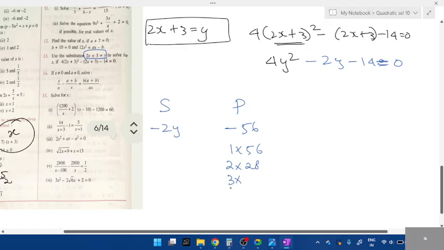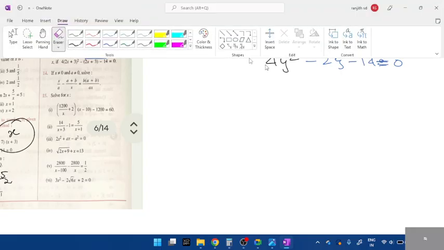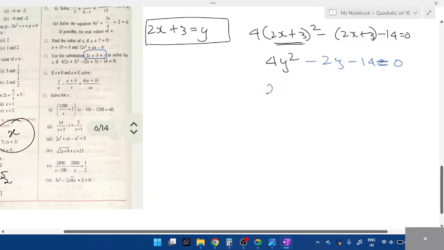So which combination will give you 2? Three table doesn't go. Something we have missed out here. Before solving this, what can we do, students? Simplify. Nobody told that. Which is common here? 2y square minus 1y minus 7 is equal to 0.